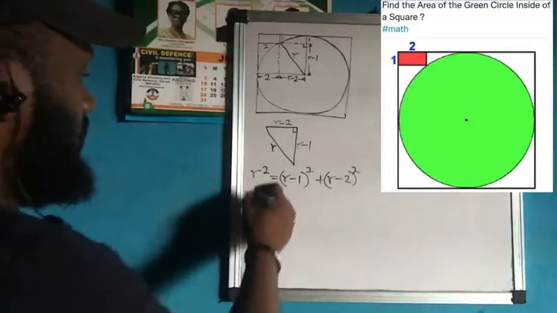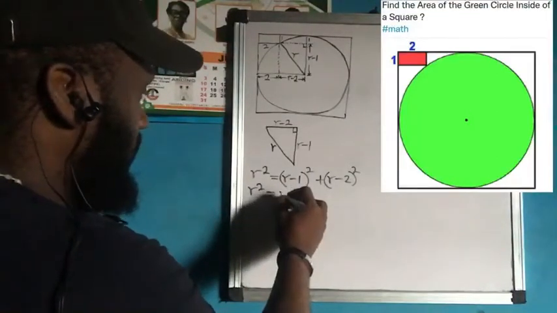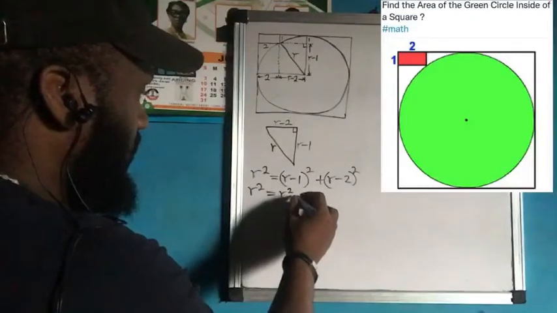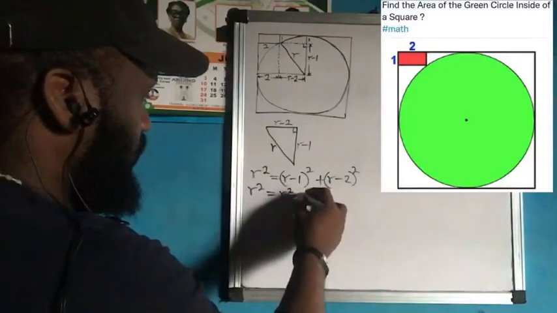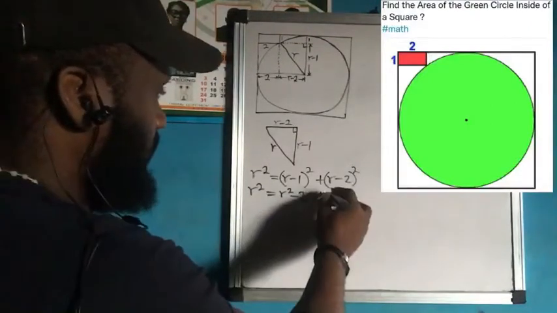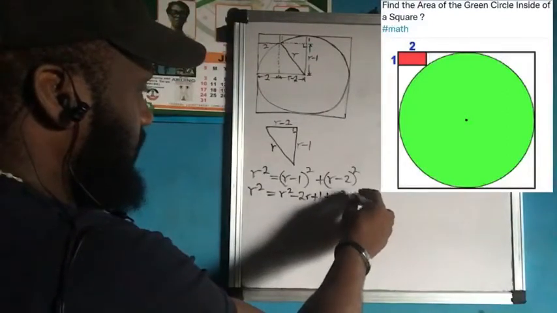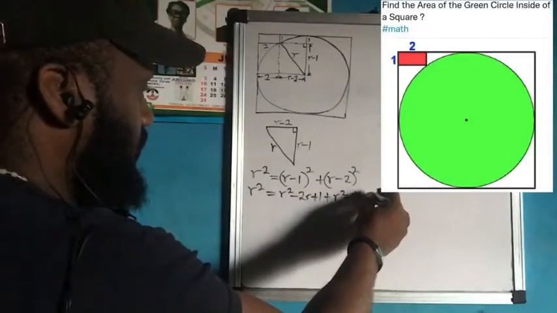which should be this. Then expanding this, we have r squared minus 2r plus 1, plus r squared minus 4r plus 4.